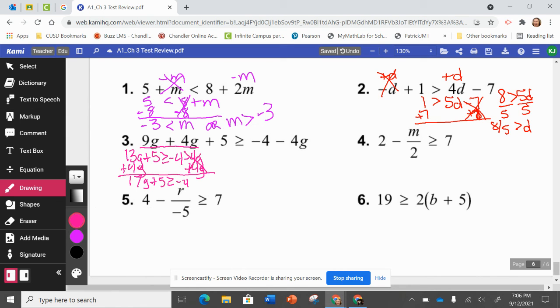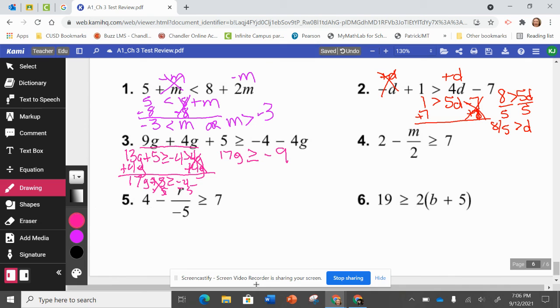That adds to 0. My next step would be to subtract the 5 to its like term. That leaves me with 17g. The 5's over on the left side, add to 0, is greater than or equal to -9.